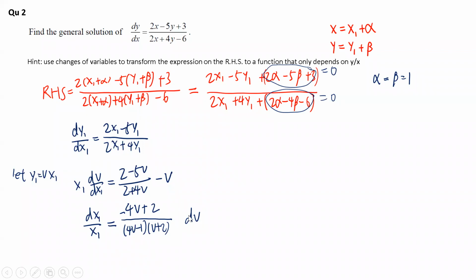Now integrate both sides. With this, you again need to use the technique of partial fractions.